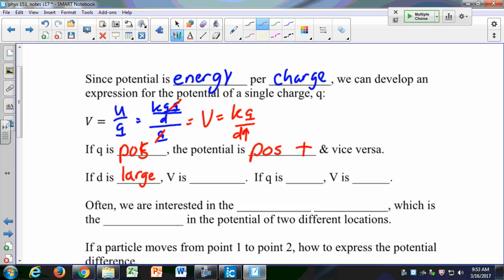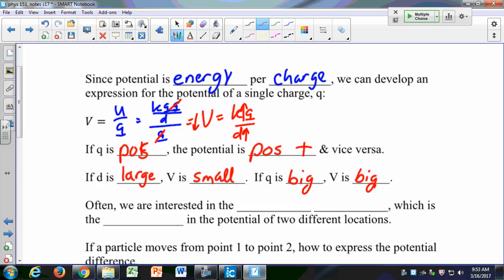If I increase d, what happens to the voltage? It decreases because I have that inverse. So V is small. And if I increase Q, what happens to V? It increases, right? It's a linear relationship, so V is big. So understand those relationships, inverse or direct.